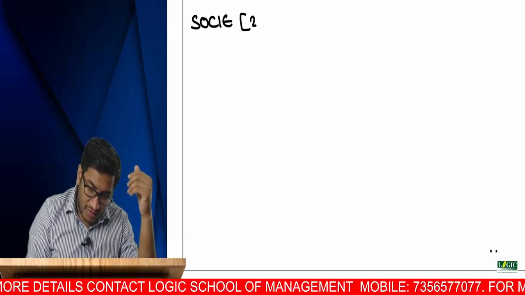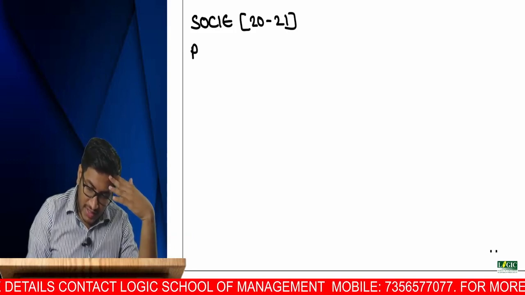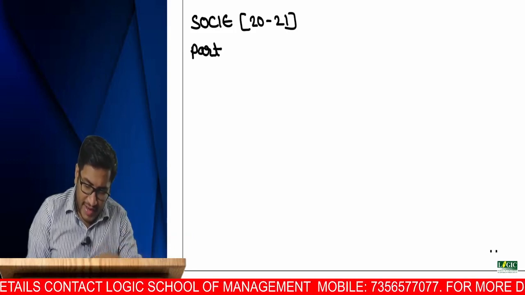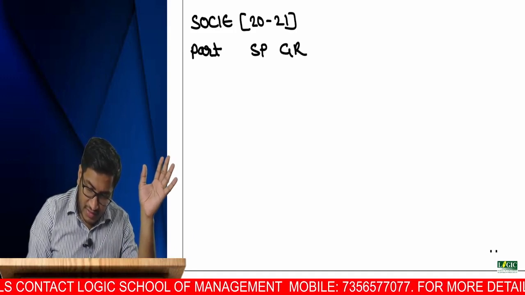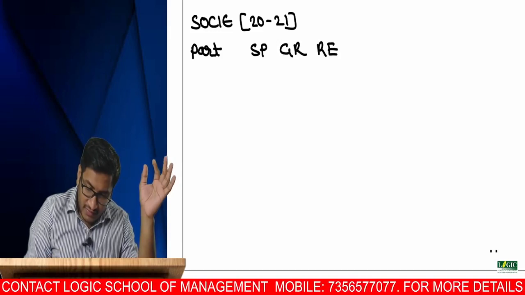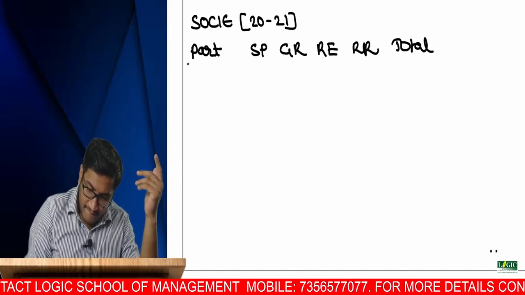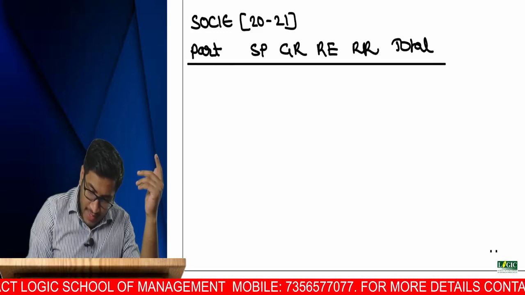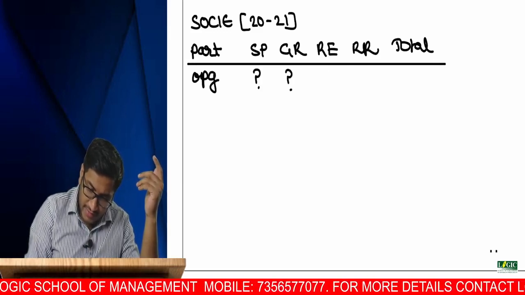So for which year? 2021. Particulars. So let me write a few columns, say securities premium, general reserve, retained earnings, say revaluation reserve, say total. I don't know what is my opening balance. So I may be having some opening balance.